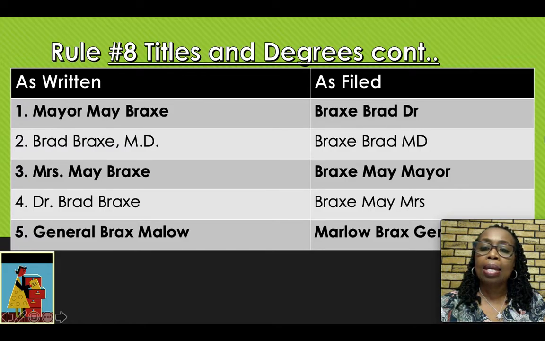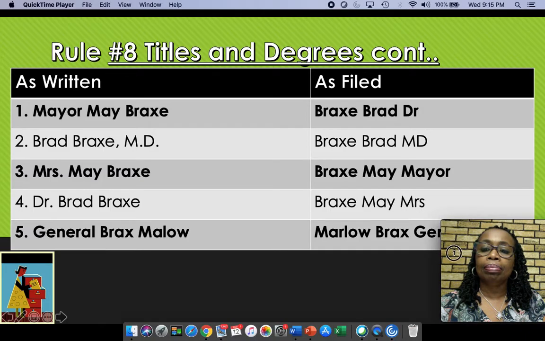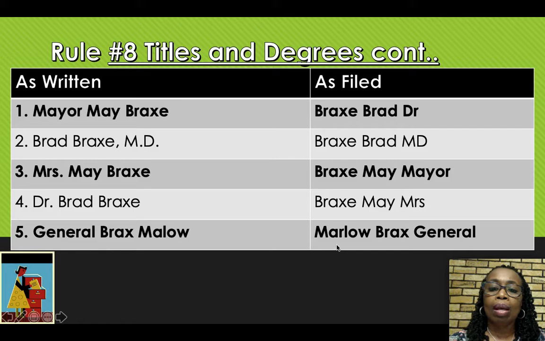Then A in Mayor to R in Mrs. And A comes before R. Therefore, Mayor comes before Mrs. And the last name to be filed is Marlowe Brax General.